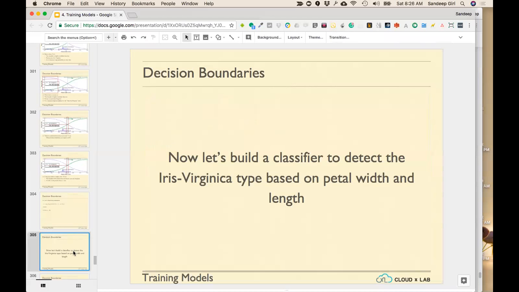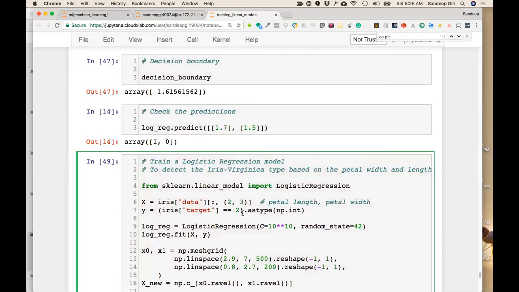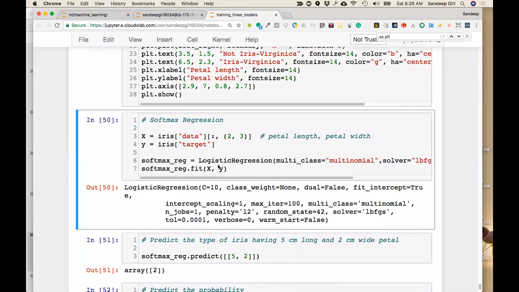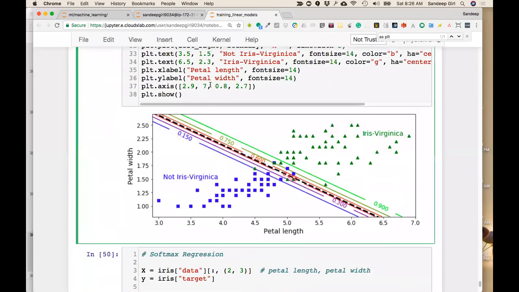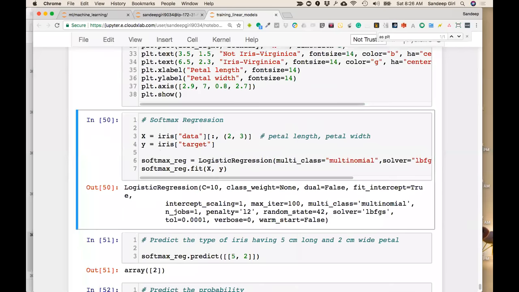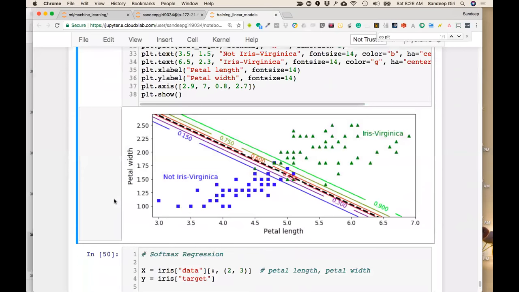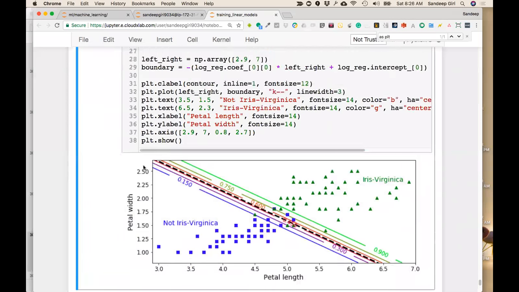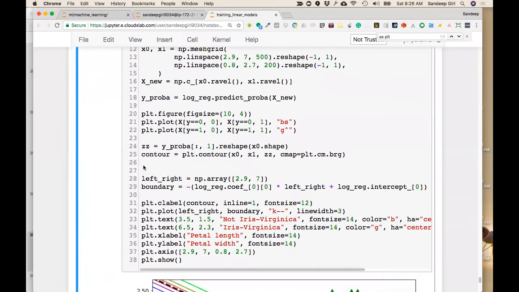Now, to reduce this kind of confusion, the one thing that we could do is include both petal width and length, and then take a look at the decision boundary again. All right. Now, since we have two features, let's draw it.